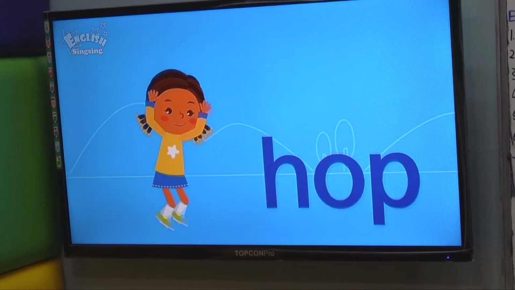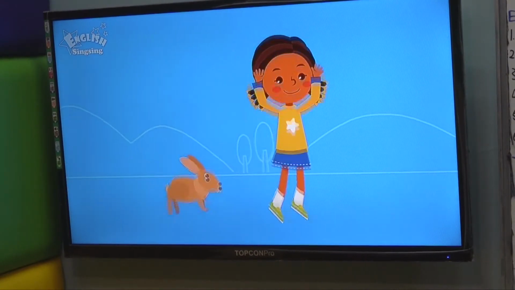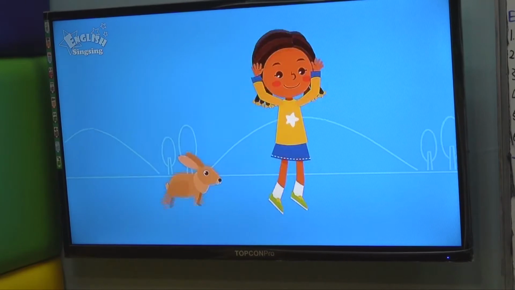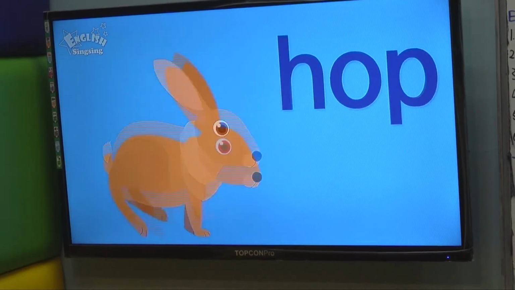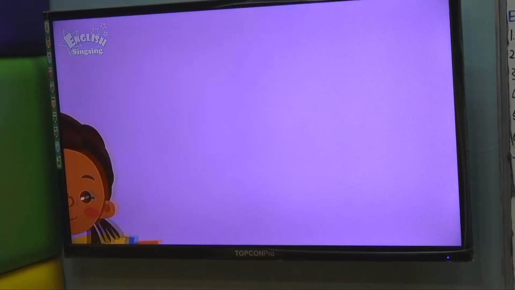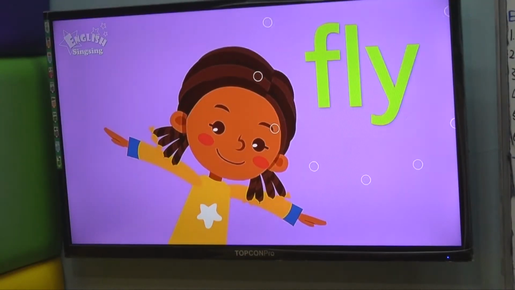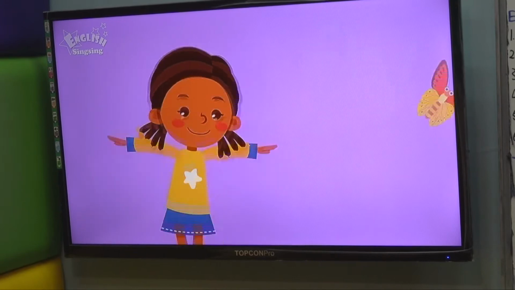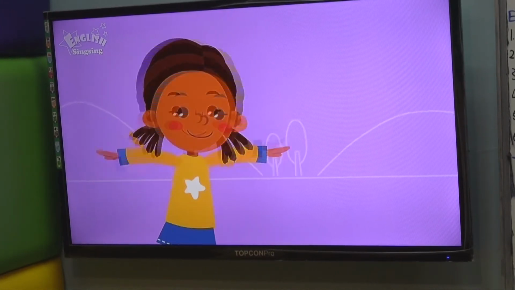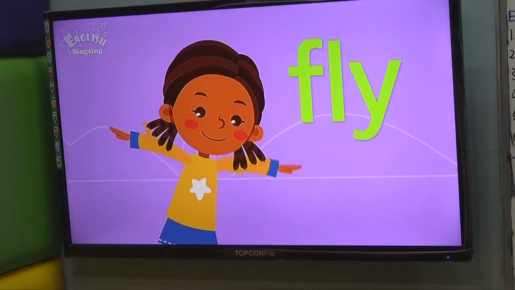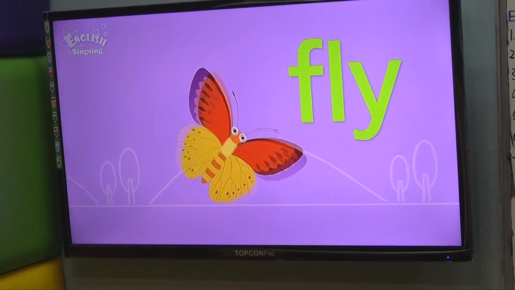Hop. You can hop. Hop. You can hop like a rabbit. Hop. Hop. Hop. Hop. Fly. You can fly. You can fly like a butterfly. Fly. Fly. Fly.